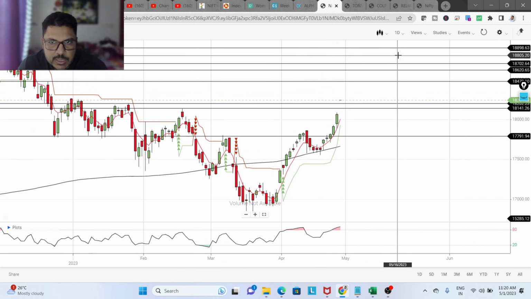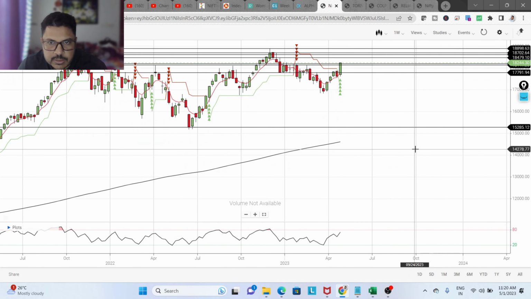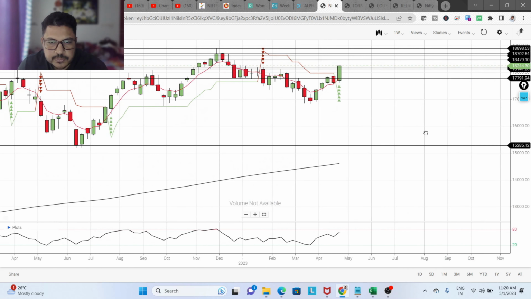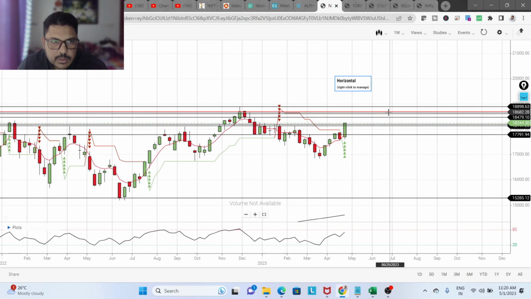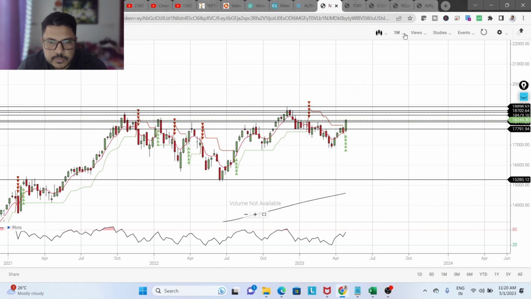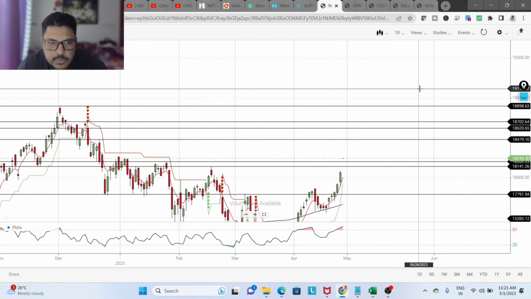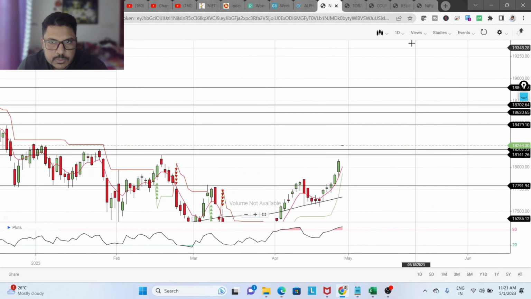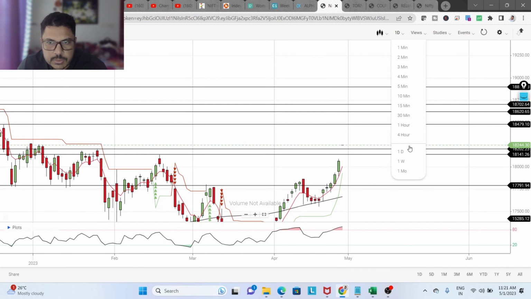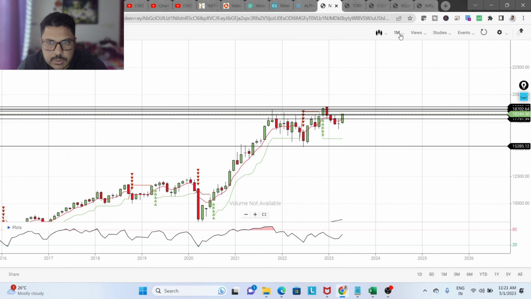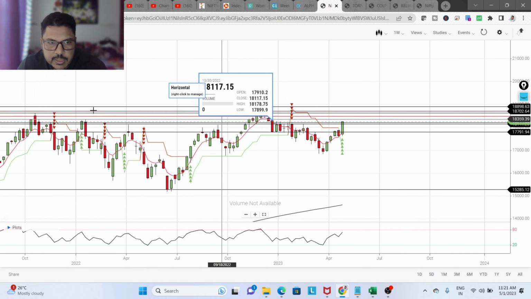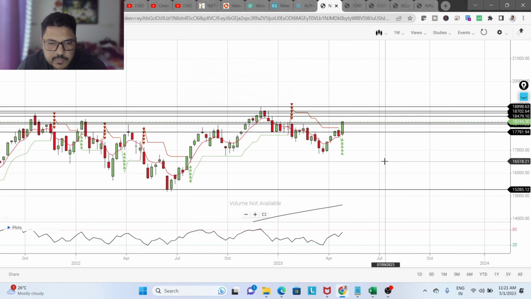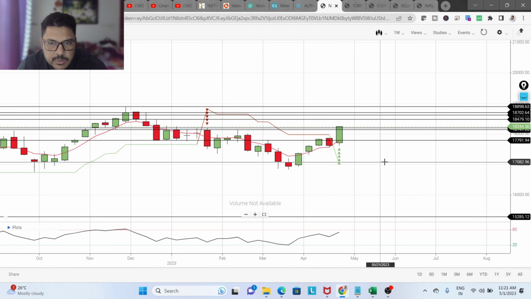Why do I say this level? Let's go to a weekly chart to understand this. On the weekly chart, you can see that this was a level from where it all moved up. This was a high which I have marked, and the next high I have marked, and after that I have marked the places from where the reversal happened.